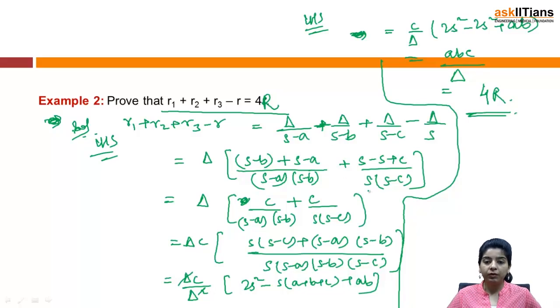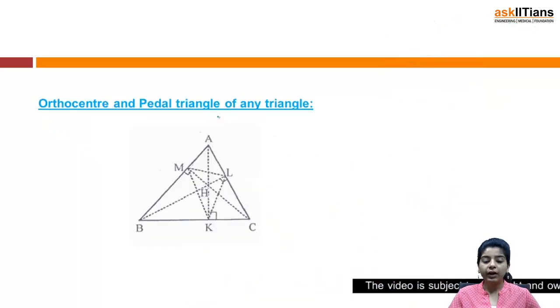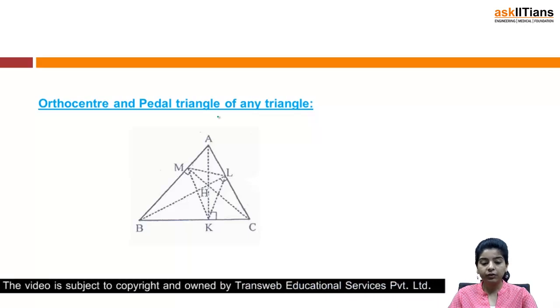Again, I have just simplified what is given to us. I proceeded from LHS. I have just applied the formula of R1, R2, R3 and R, and we have reached the desired conclusion. Now we have orthocenter and pedal triangle of any triangle. What do we mean by orthocenter and pedal triangle?